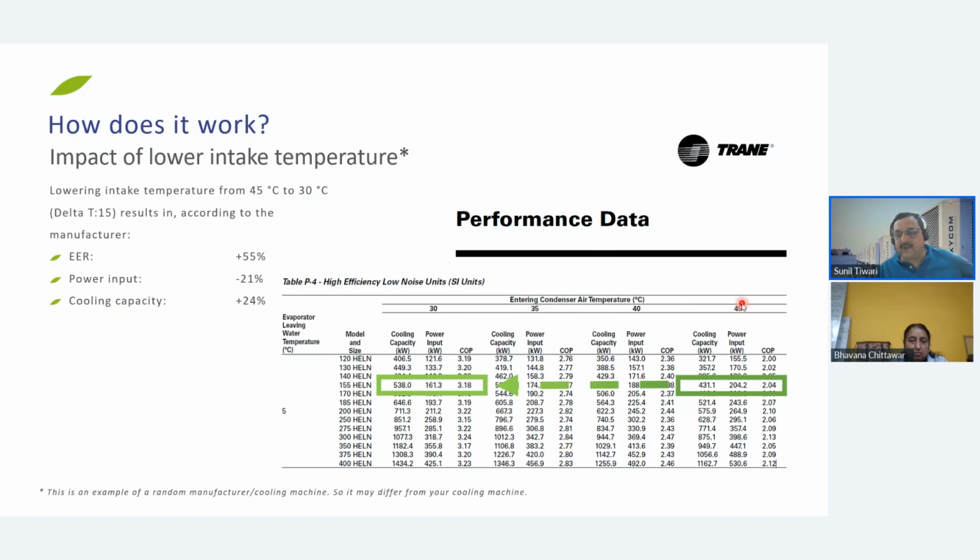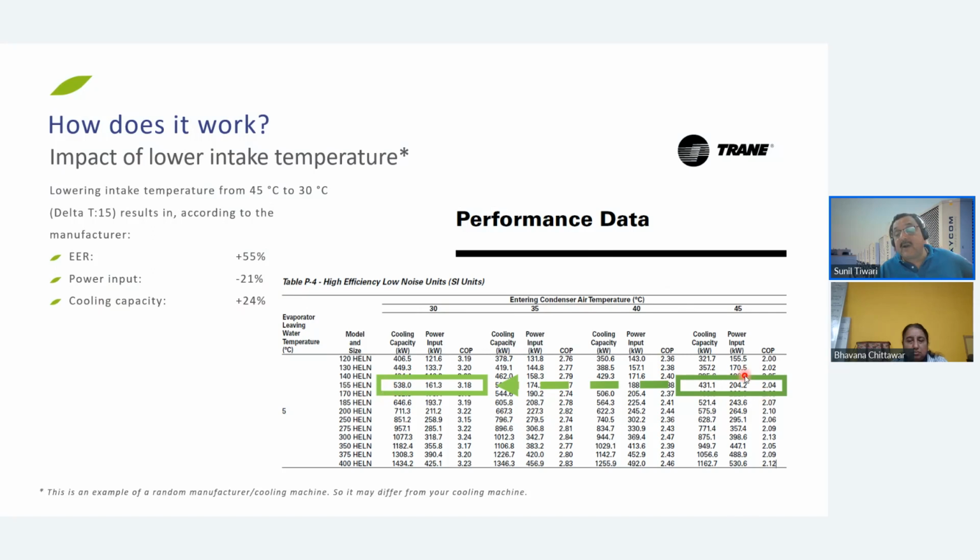When the outdoor is 45, this particular chiller is delivering 431 kilowatt of cooling, and for producing this cooling, it is consuming 204 kilowatt of energy. Just by making the air from 45 by adiabatic cooling, we bring it down to 30. From 431, we have increased its cooling capacity to 538.